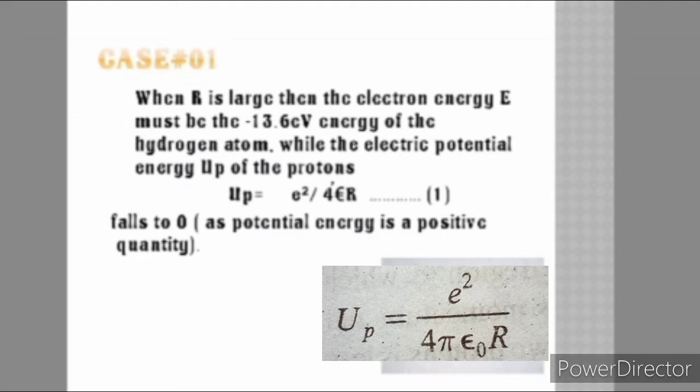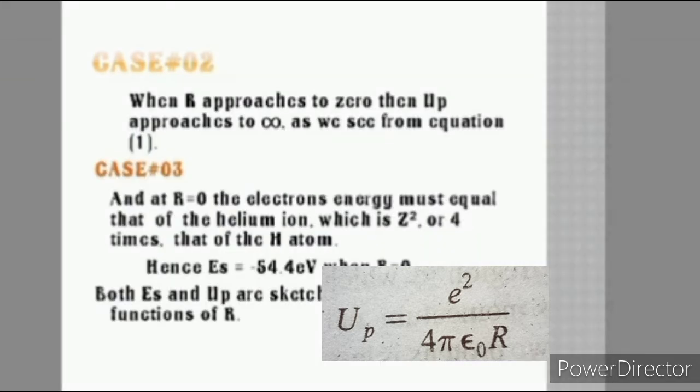So when R is approaching infinity, it means 1 over R, and we all know that 1 over infinity is equal to 0. So when R is approaching infinity, our potential energy of the proton falls to 0. And remember that potential energy is a positive quantity, and 1 over infinity is equal to 0. So that's why our potential energy of the proton falls to 0.